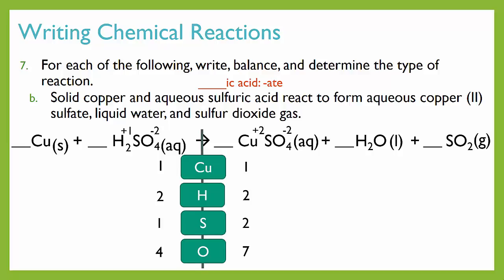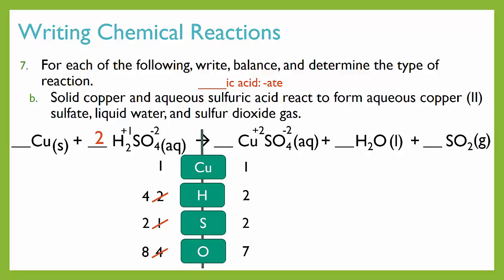So I'm going to start with the easy one, which to me looks like sulfur. So if I put a 2 in front of H2SO4, that's going to give me my 2 sulfurs on each side, but we've changed the number of hydrogen to 4, and we changed the number of oxygen to 8.